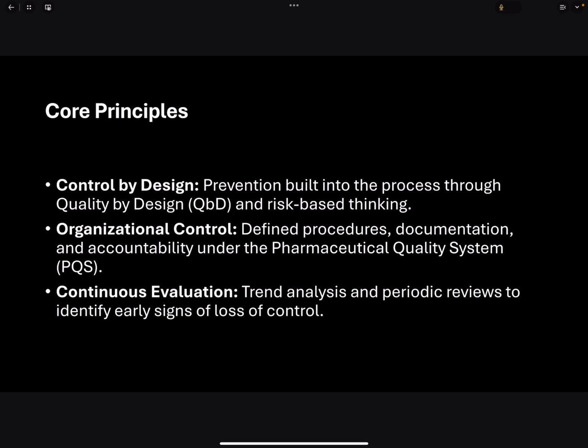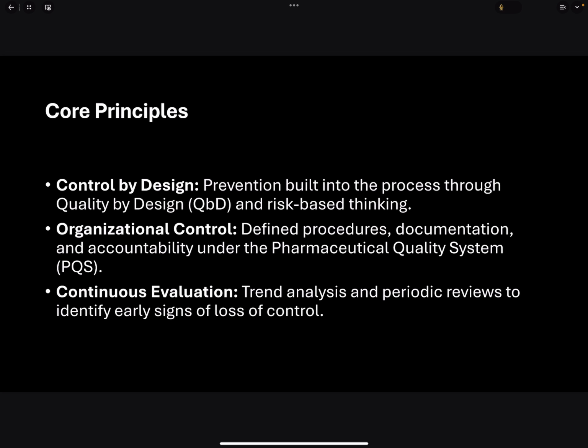Let's look at the three core principles behind the CCS. First, control by design. This means we build contamination prevention right into the process using quality by design and risk management. Second, organizational control.